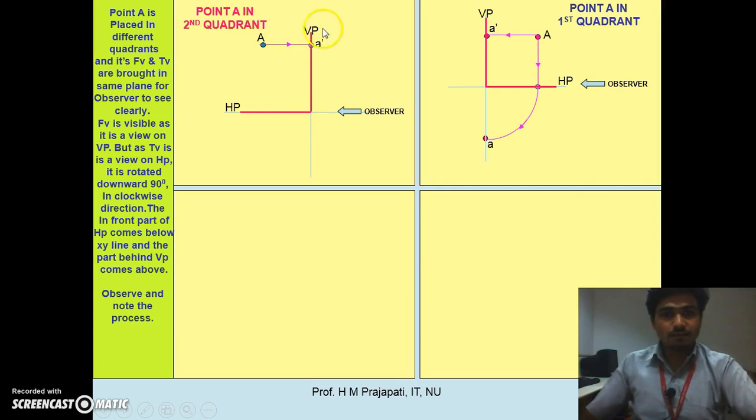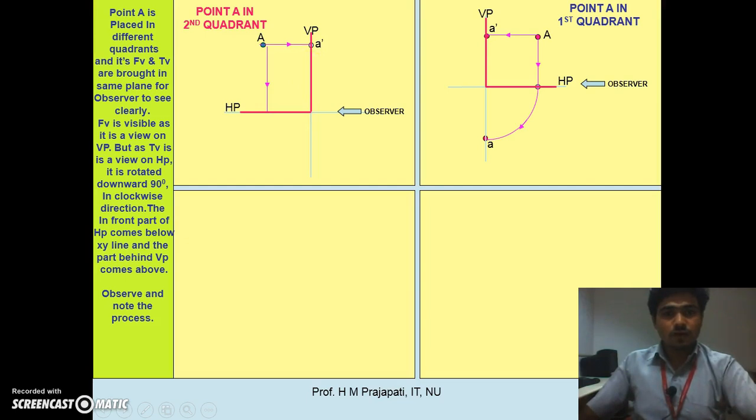Now after that, if the observer moves towards the top and views the object, then at that time the horizontal plane works as a reference plane and the projector shifts over here. As per tradition, after getting the top view, we need to rotate this horizontal reference plane by 90 degrees clockwise such that it aligns with VP.